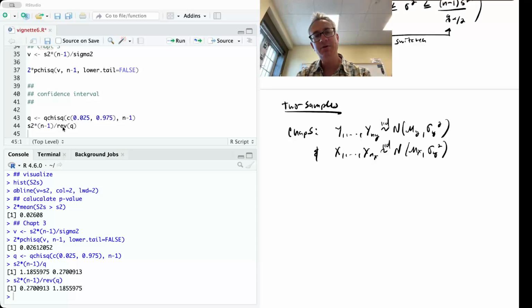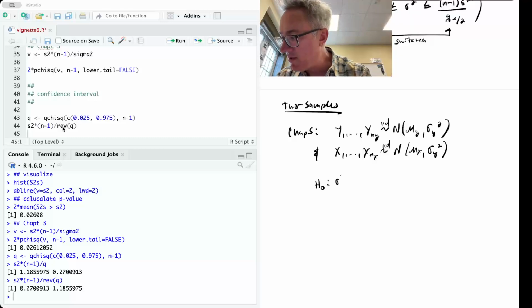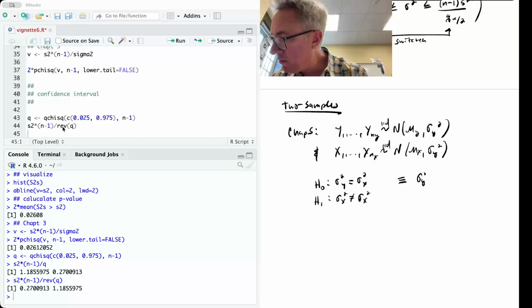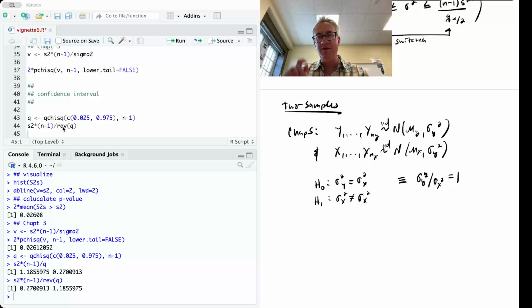But now our interest is not in whether the means are the same or not. What we want to know is if the variances are the same versus the alternative that they're not. Okay, and this is the same as the ratio being 1. So if the two variances are the same, their ratio is 1.